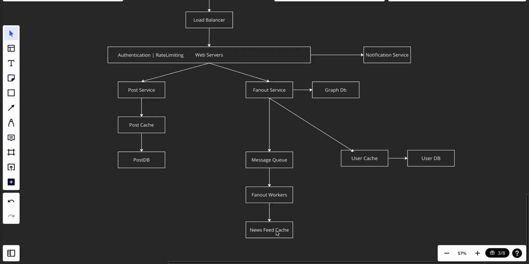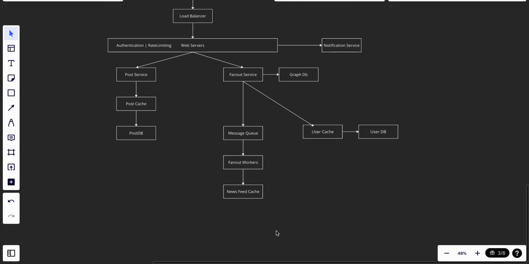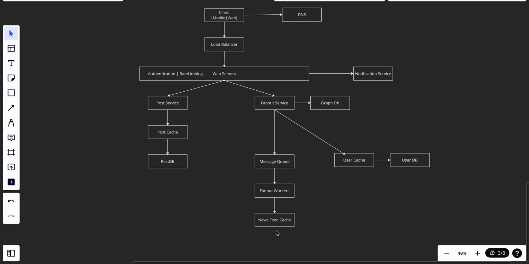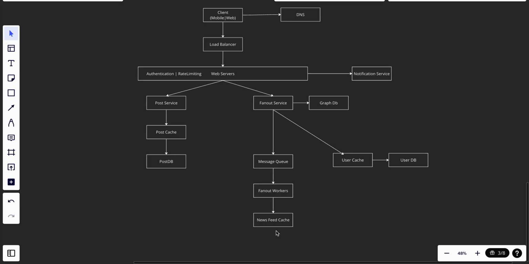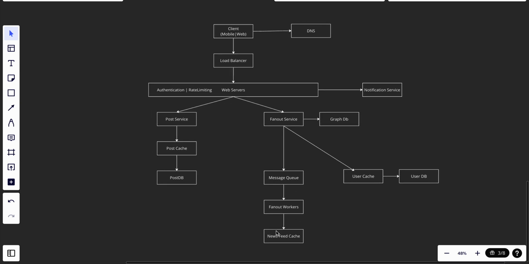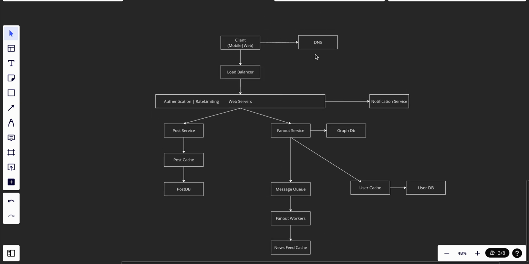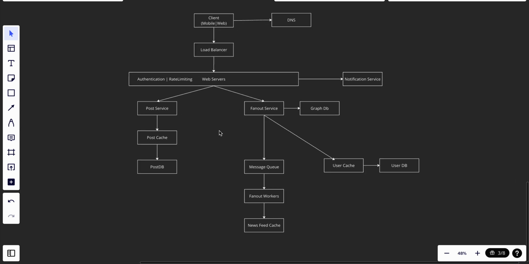So what's happening? This is after the deep dive actually. So first we have the load balancer, and we have this web server acting as an API gateway. It handles authentication and the rate limiter, and here first the user gets the friends IDs, and after that we are getting the friends data.